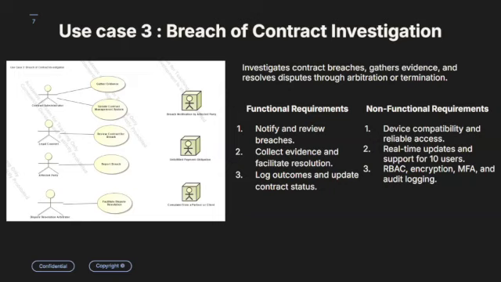When any of these triggers happen, first the affected party reports the breach to the contract administrator, who will then gather evidence and update the contract management system, followed by the legal counsel, who will review the contract for breach. And finally, the dispute resolution arbitrator will facilitate dispute resolution.